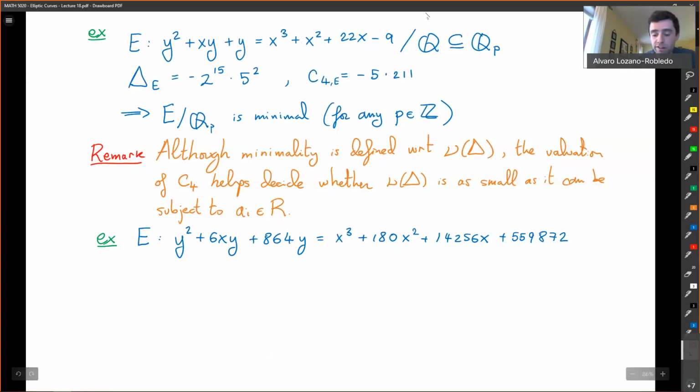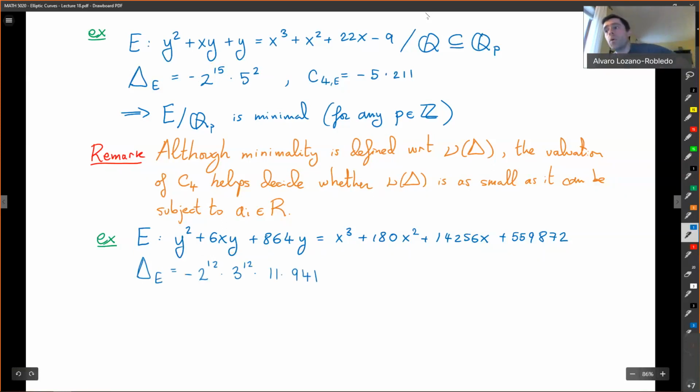So let me give you another example of an elliptic curve. What is the discriminant in this case? It turns out to be minus 2^12 times 3^12 times 11 times 941.